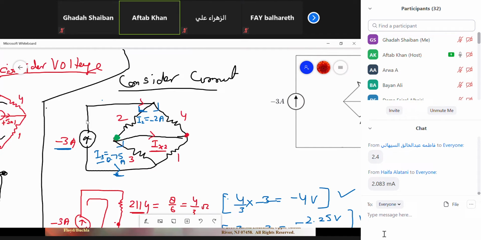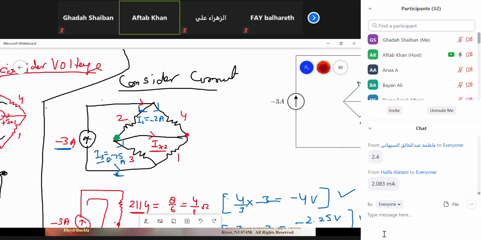You see, this current will go up and reach here, then it splits into two parts. Some part will go there, some part will go there. The point is, if we can calculate the currents in the branches, that will be easy for us. But how can we calculate the current?